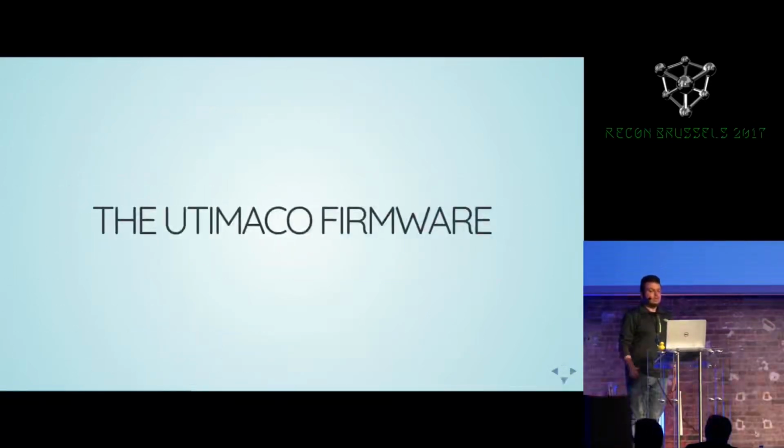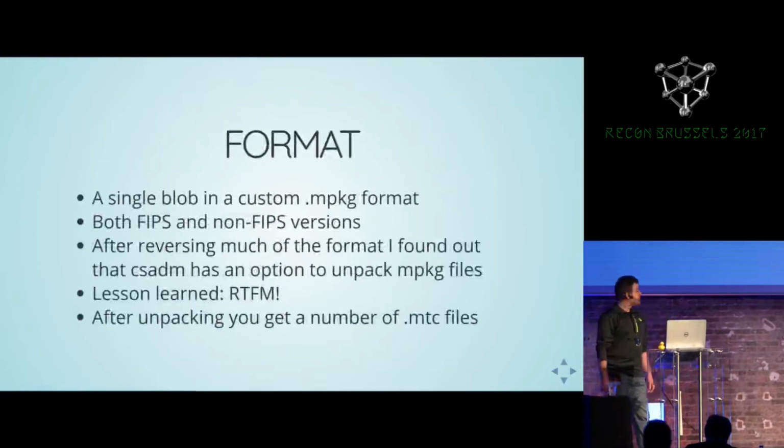And now we'll move on to the Utimaco firmware. The firmware is a single blob in a custom format. There are both FIPS and non-FIPS versions. So after reversing a lot of things, I figured out that CSADM, the tool that comes with the HSM, has an option to unpack these files.